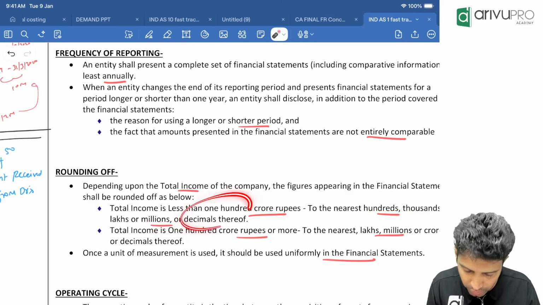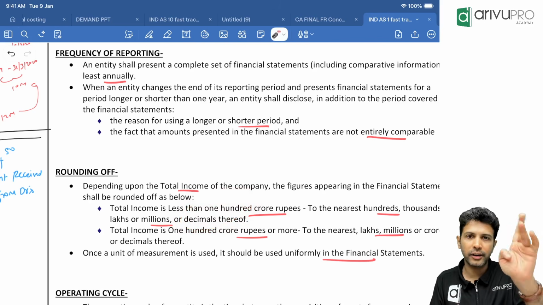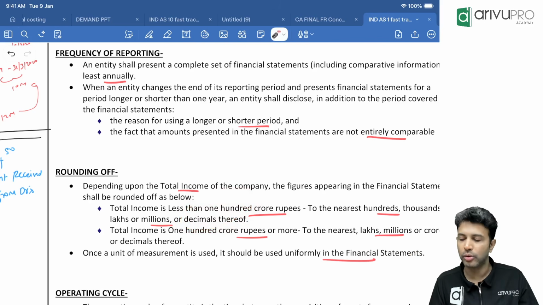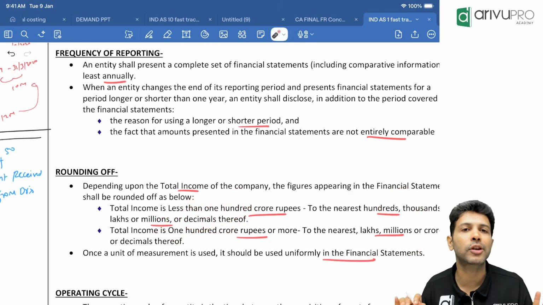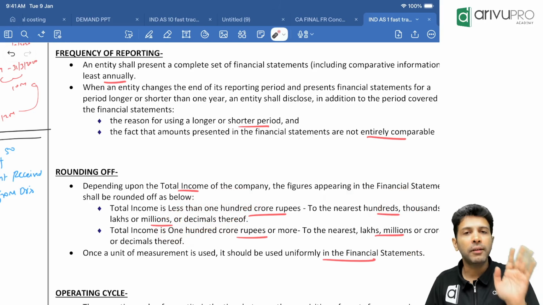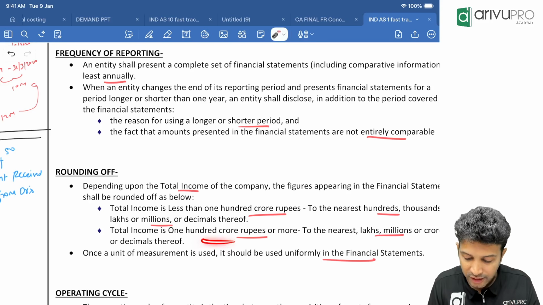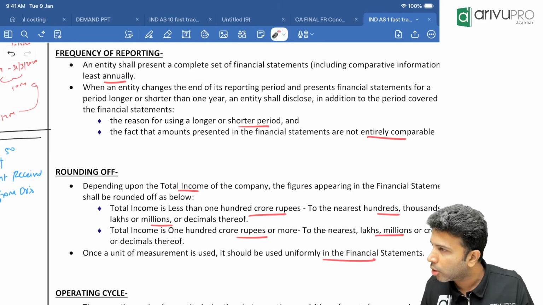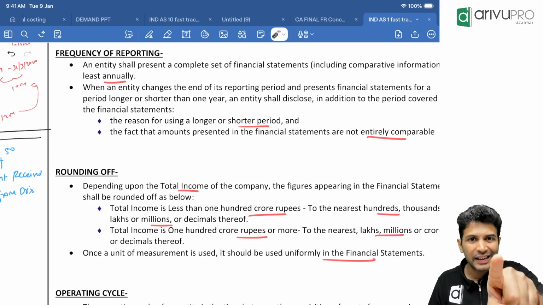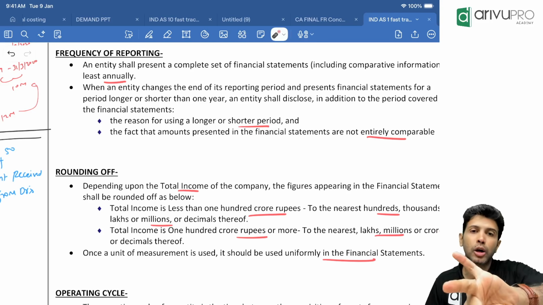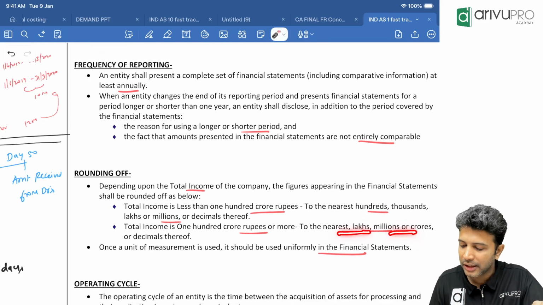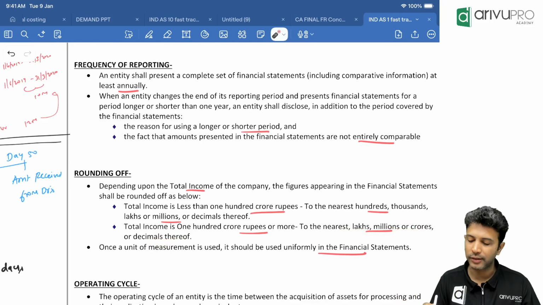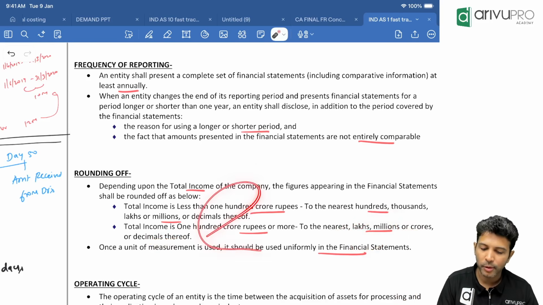These are the only 4 round off options available for such companies. However, if your total income is 100 crores or more, then you can round off in lakhs, millions or crores or decimals thereof. These are the round off provisions applicable.